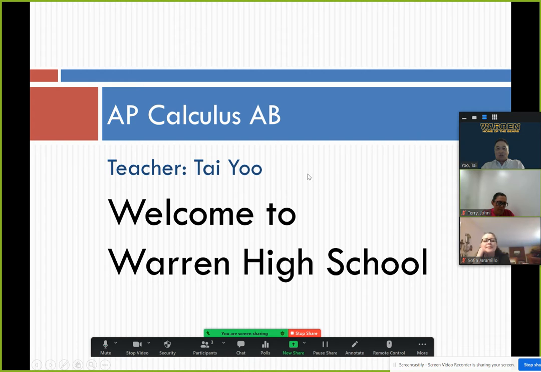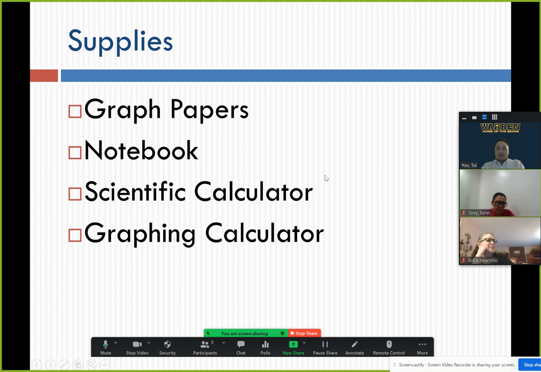Okay, so welcome, parents. Again, this is AP Calculus. For this class, we ask students to have graph papers and a notebook. I do not collect any of their notebooks. They should organize their notebook on their own. We ask them to have a scientific calculator and graphing calculator. It is really important for them to have their own graphing calculator at this time. Eventually, when they go off to college, they have to use them anyway.